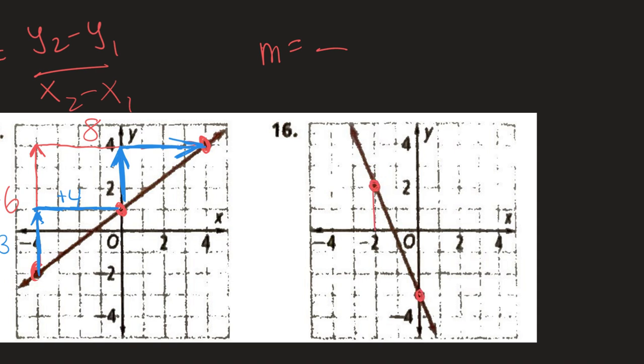So 1, 2, 3, 4, 5. So it goes down 5, and to express that, we need to call it -5. So the rise, or the vertical change, is going down 5. And then it goes to the right only 2. So it goes down 5, and it goes to the right 2. So -5/2. And that is it.